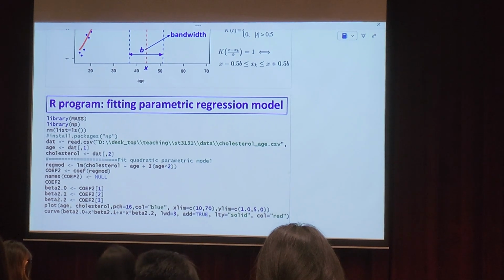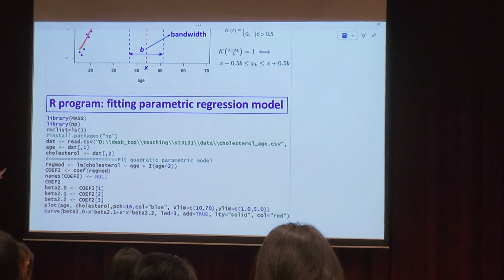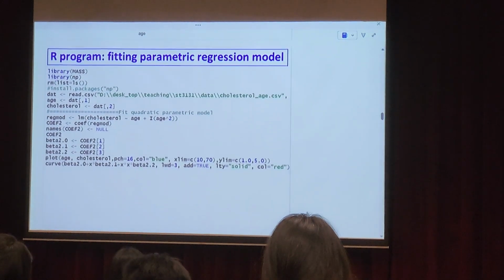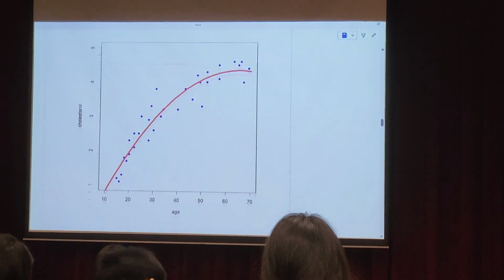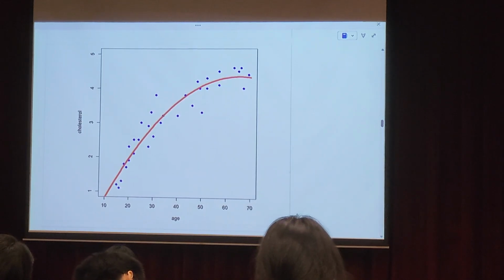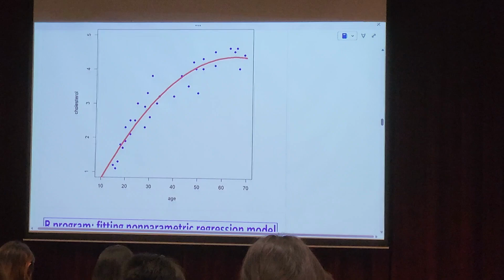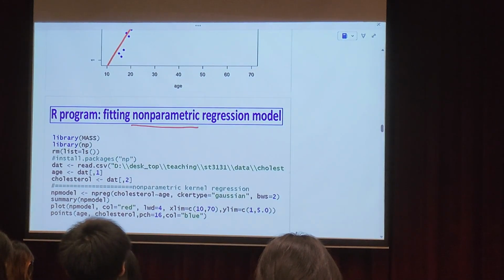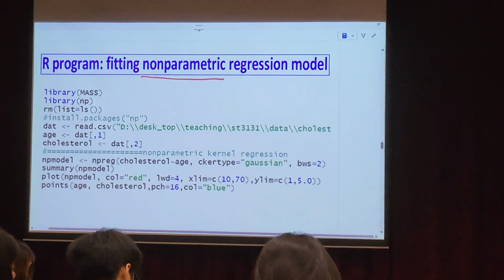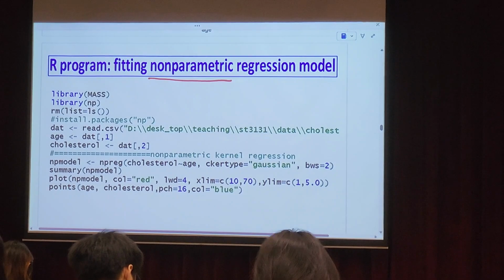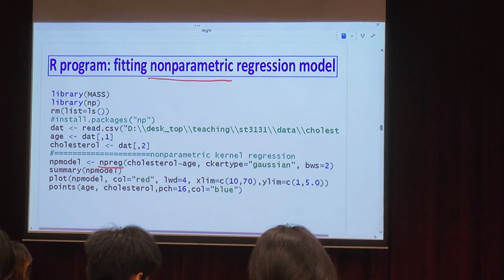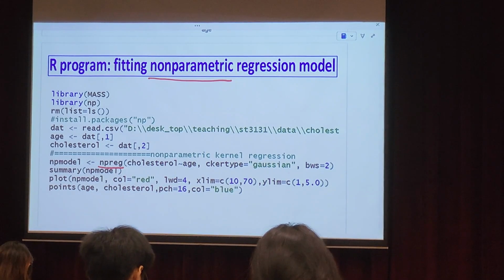Fortunately, there is a way to do it. So here I just fit a parametric regression model. This is easy. How to draw it, you can figure that out. But how do you fit non-parametric? Well, good news. There is a function in R that will allow us to do that.